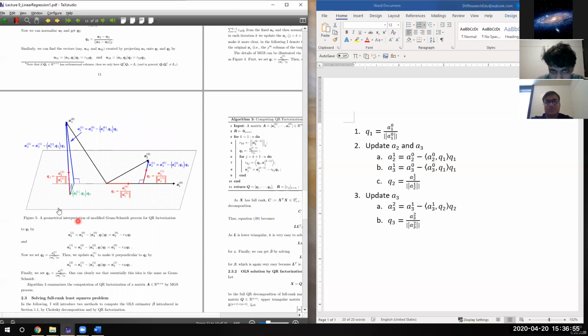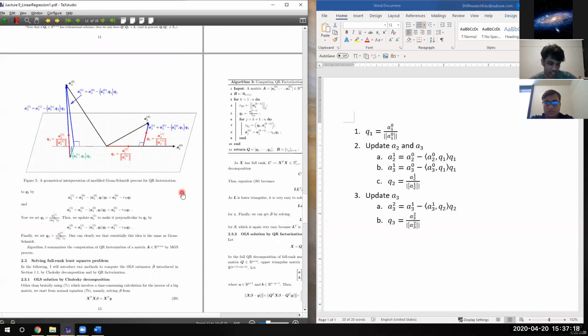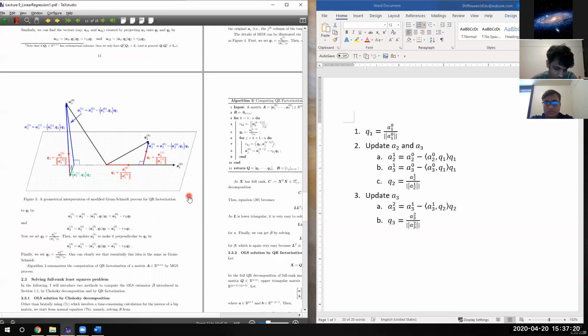But Europe, if you've never used QR factorization before, you need to check this very carefully. QR factorization and the SVD, singular value decomposition, are extremely important. Many very classical, famous methods are derived from them. Okay, so any questions about the Gram-Schmidt and the modified Gram-Schmidt method?